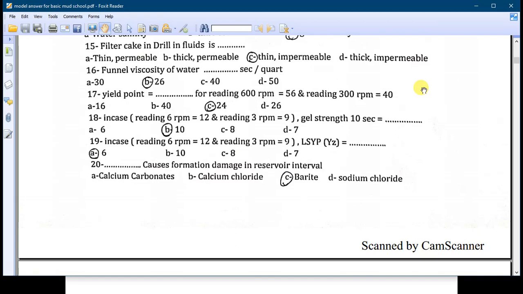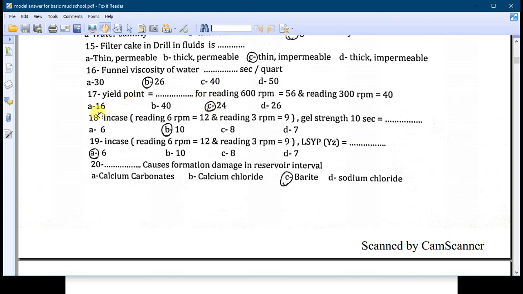But the plastic viscosity equals the 600 RPM reading minus the 300 RPM reading. So in this question, PV equals 56 minus 40 equals 16, and the yield point equals the 300 reading minus the PV, so it will be 40 minus 16. It gives 24 pound per 100 feet.